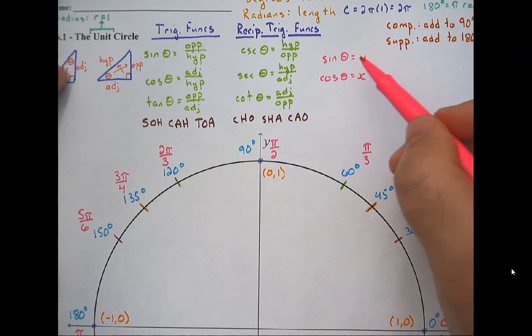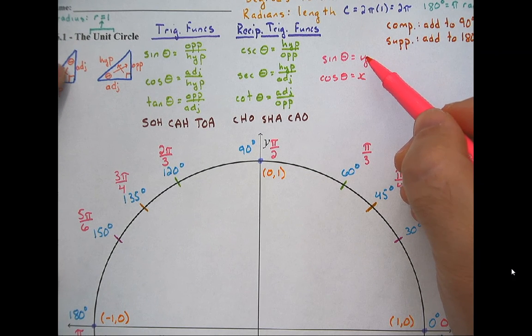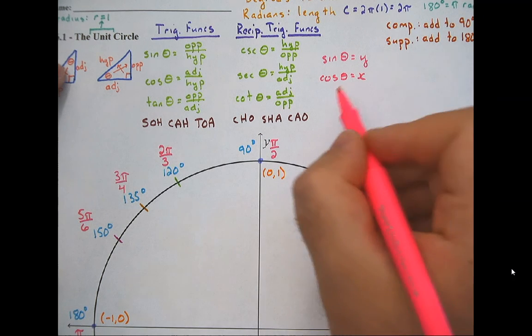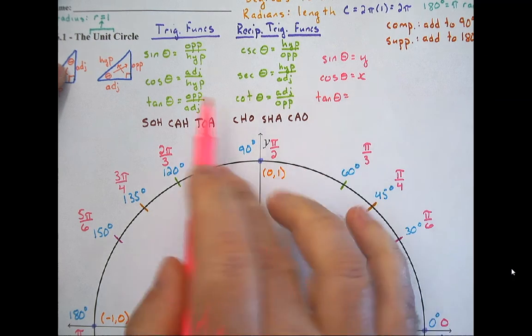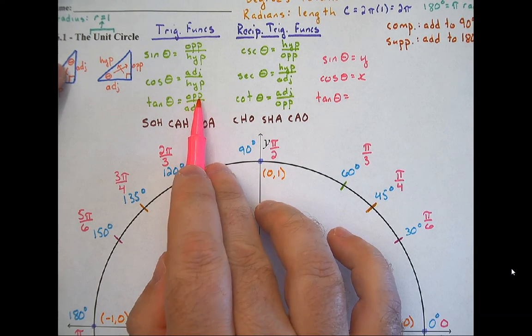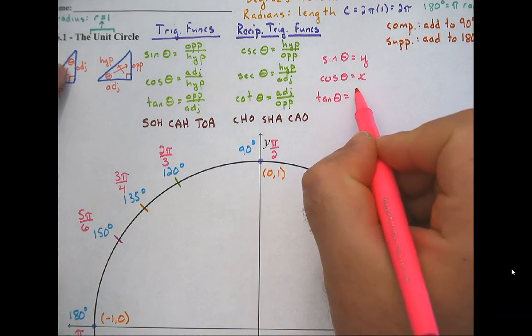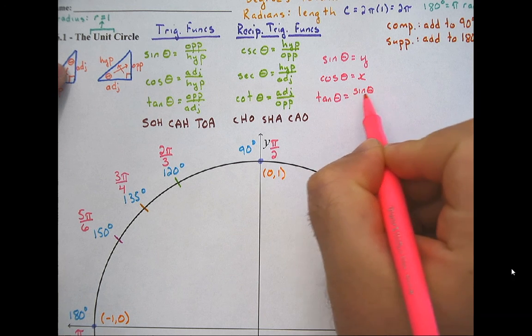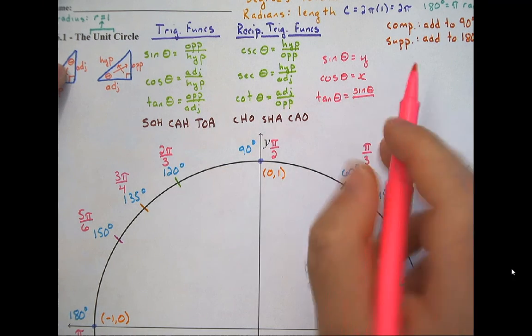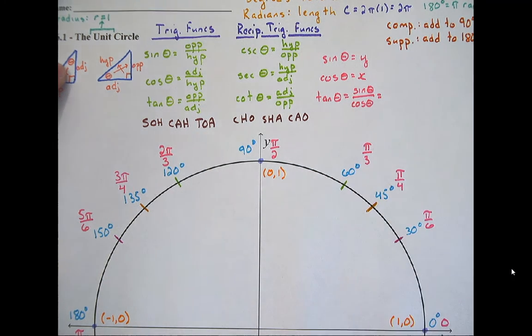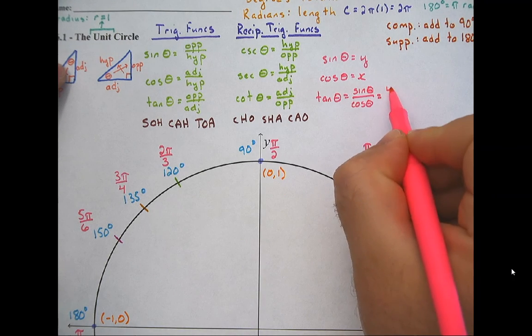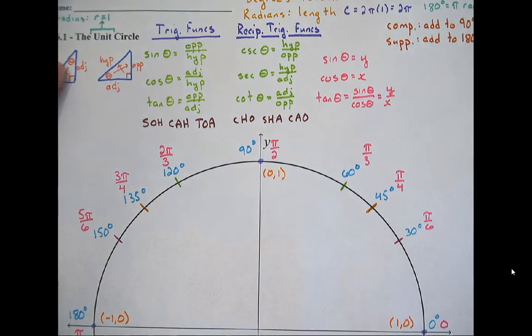So opposite and y are basically the same thing in the unit circle, and adjacent and x are basically the same thing. So then what's tangent? Tangent is opposite over adjacent. Well, we just said opposite was the same as sine, over, we said adjacent was the same as cosine. So there's two ways that I can think of tangent. It's sine over cosine, or it's y divided by x.